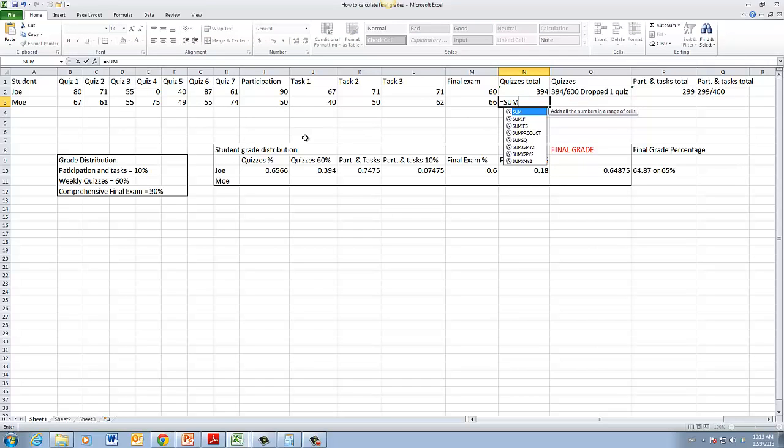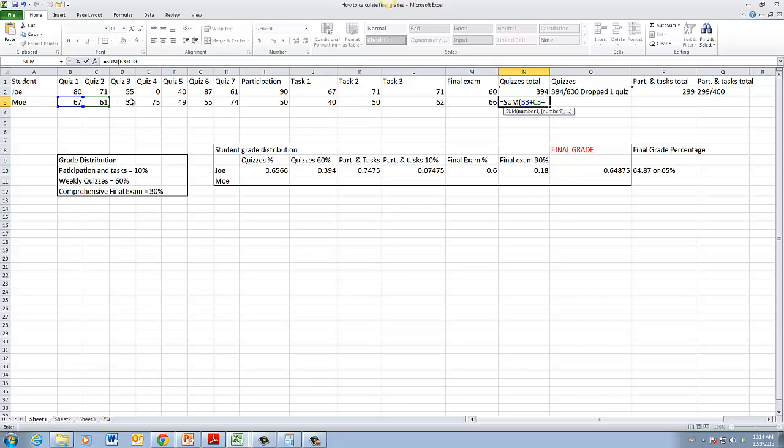So just do capital SUM and then an open parenthesis, and then I'm going to select, well actually I want to drop the lowest. So the lowest here would be 49, so I'm not going to include that. So select what I want to add and then put plus signs between.